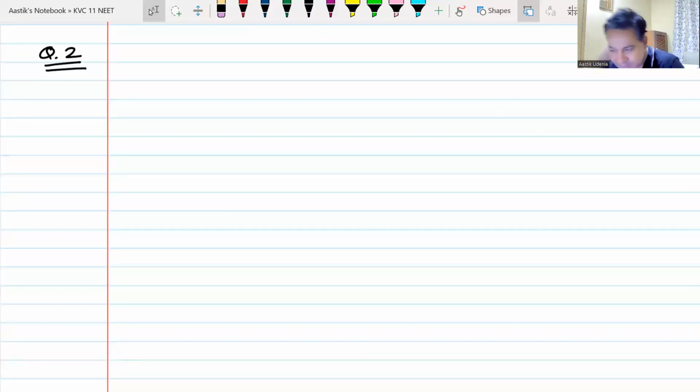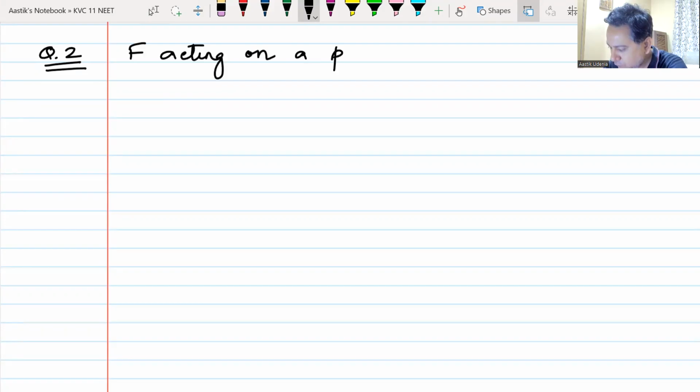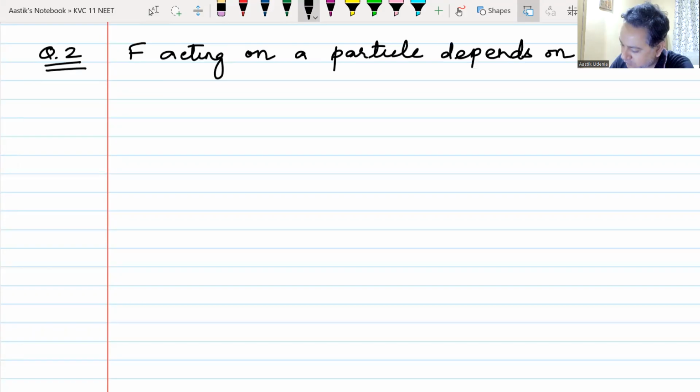And here comes the next question. Force F. So I just write F. Force acting on a particle depends on M. What does M stand for?